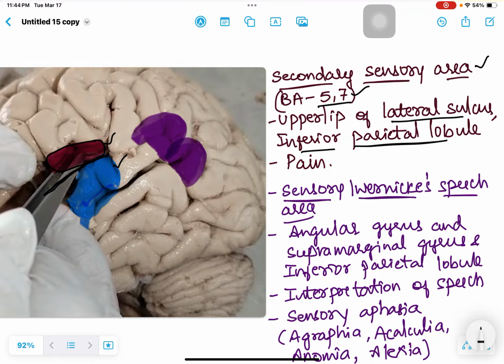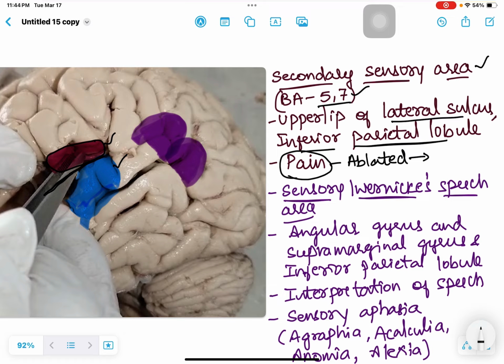This is responsible for perception of pain. If any person is feeling severe pain, then this person's secondary sensory area can be ablated, and then he can lose that pain sensation.